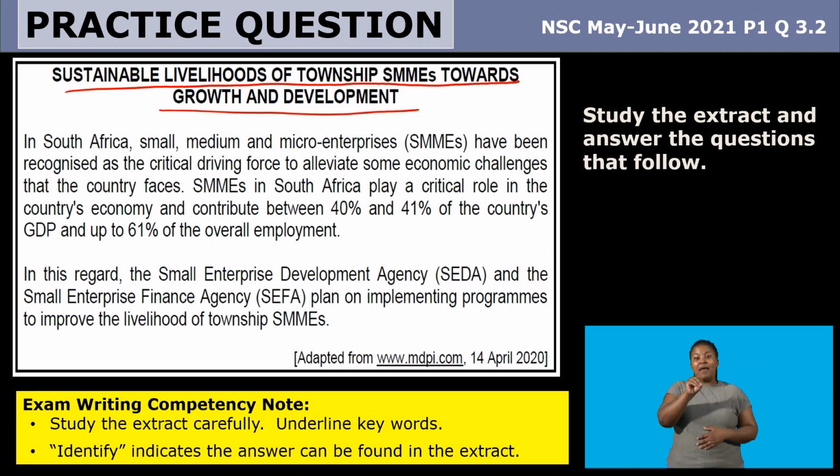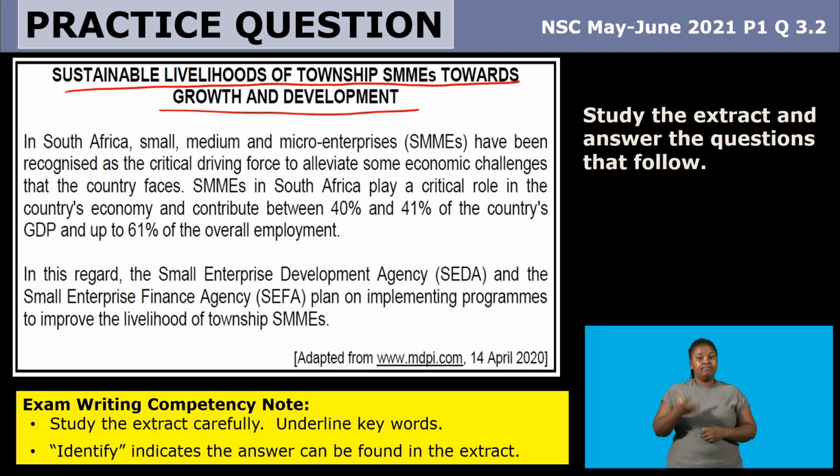SMMEs in South Africa play a critical role in the country's economy and contribute between 40% and 41% of the country's GDP and up to 61% of the overall employment.